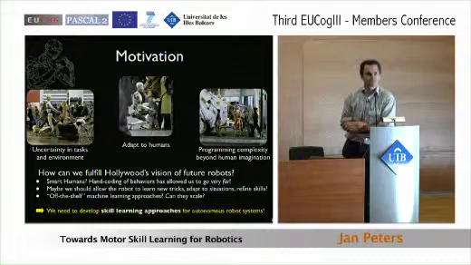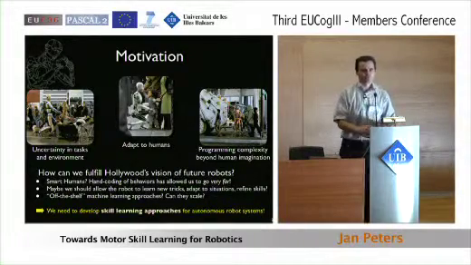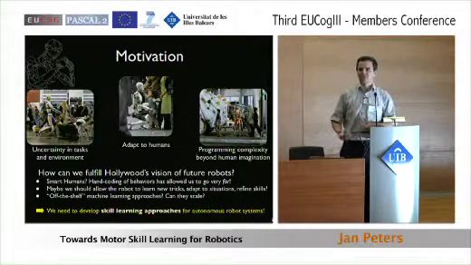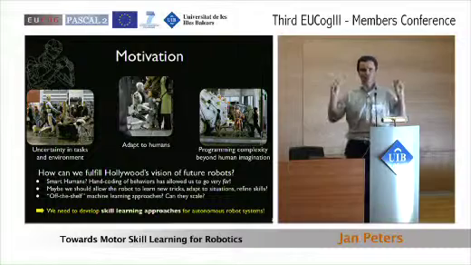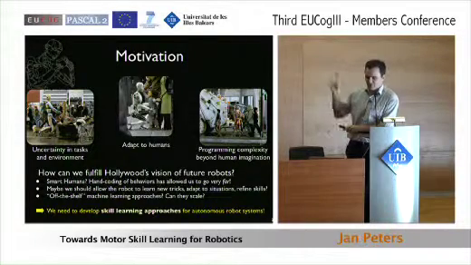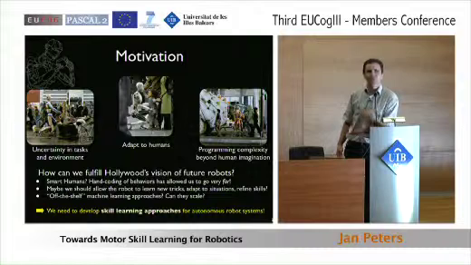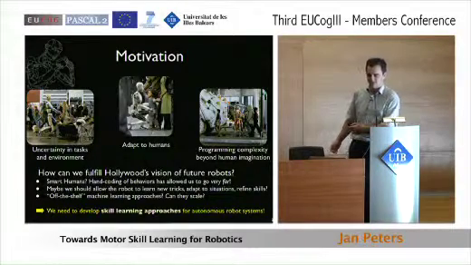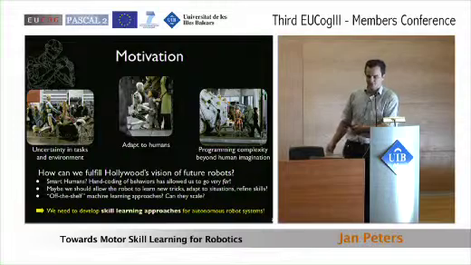Unfortunately, the promise of machine learning, of just like you take a big box, you throw data in there, and out comes the behavior which you want to have, well, this free lunch promise of machine learning has really not delivered, simply for the reason that if you just take off-the-shelf methods, it is very, very hard to scale into the domain of robotics. Instead, what we need are methods that can actually make use of all we know about skills, about motor skills, and how to acquire them for autonomous robots.